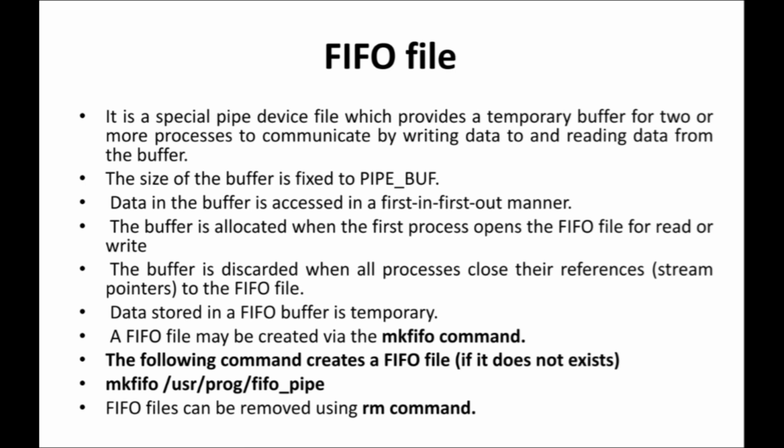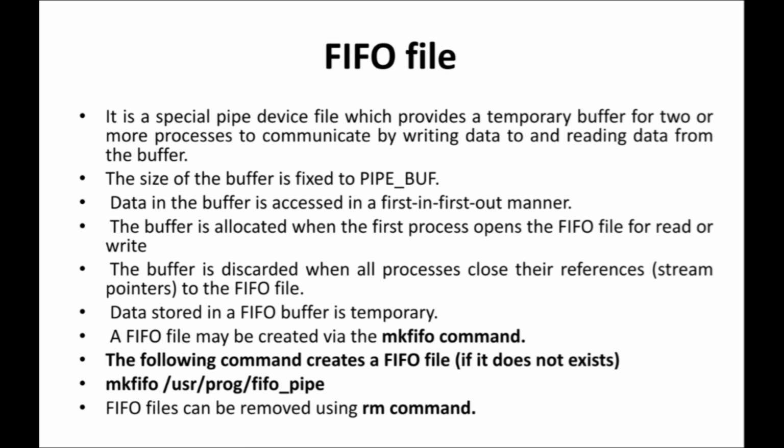How are they going to communicate? Assume that there are two processes. If process 1 wants to send data to process 2, process 1 is going to write the data to the FIFO file. Process 2 is going to read the data from the FIFO file.